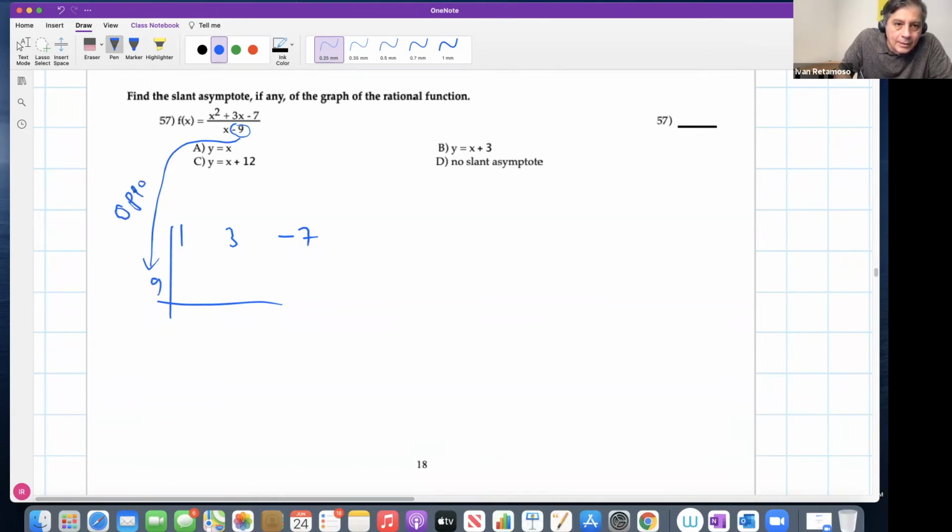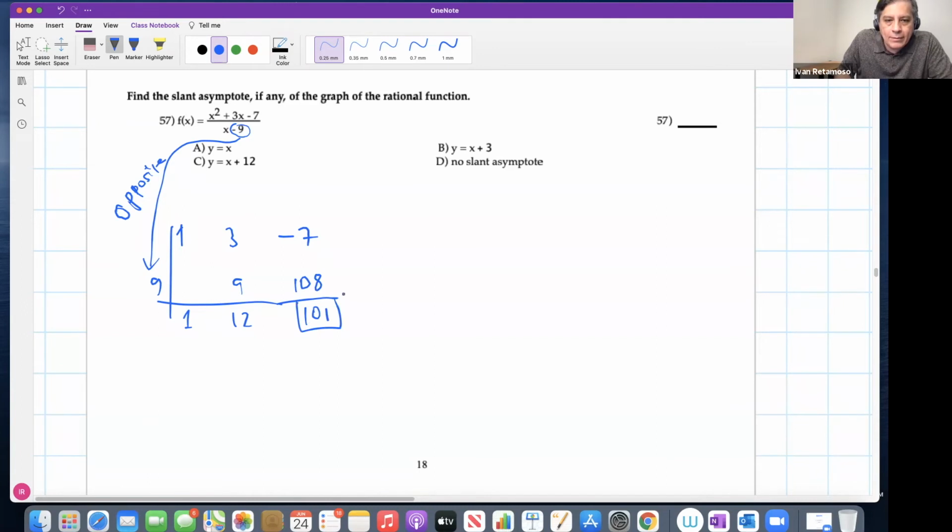I do the division via synthetic division, and the quotient will determine the slant asymptote. So let's do that. 1 here, 1 times 9, 9, 9 plus 3, 12, 12 times 9, 108, and this difference, 101.